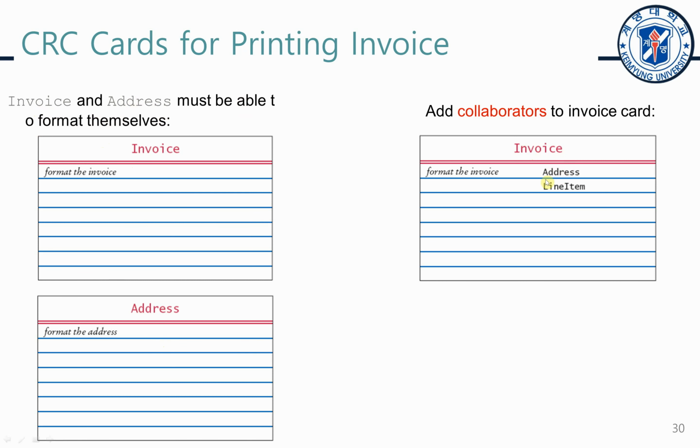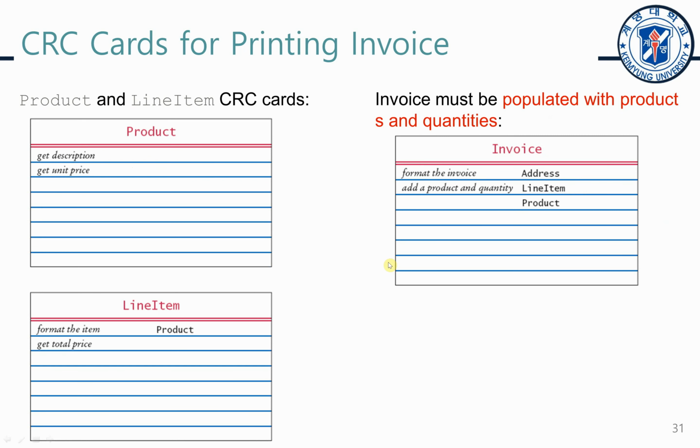And then we can go ahead and also create other CRC cards, such as product, which just gets the description and the unit price, and line item, which creates just the format of the item and the total price.